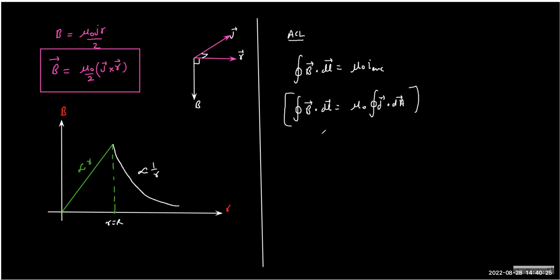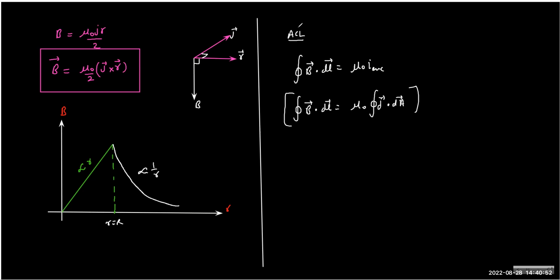And why is this so? Because J need not always be uniform over the cross section. So you may get a variable J as well. So first of all, you need to do J dot dA over the surface to get the current enclosed, because J is a variable, and then write the Ampere law.